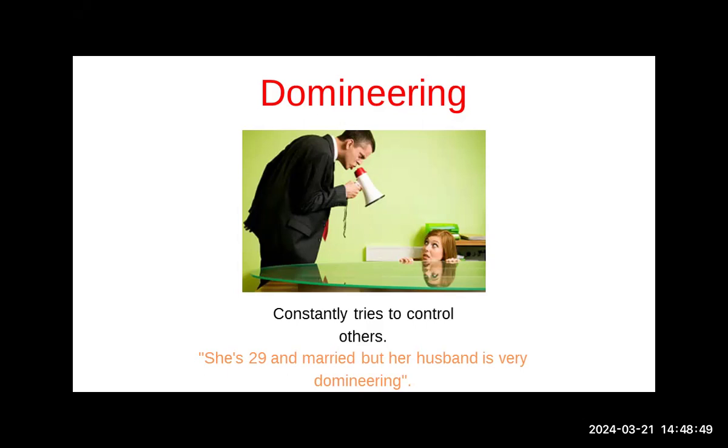Sometimes it's not negative, because sometimes people say she has a domineering personality. Maybe all your friends are very chill, shy and timid, and you are not. So people would say your personality is domineering. They are comparing to your other friends. But most times it's negative.